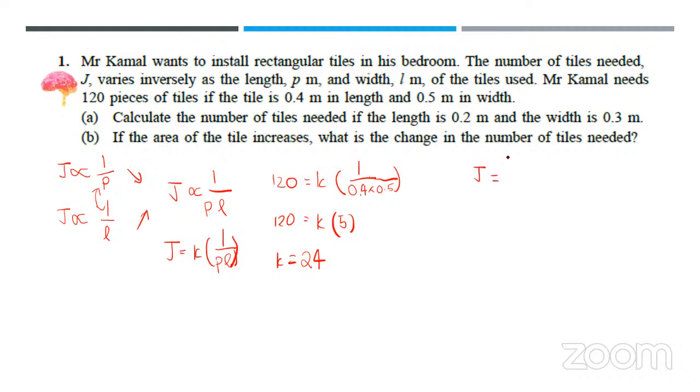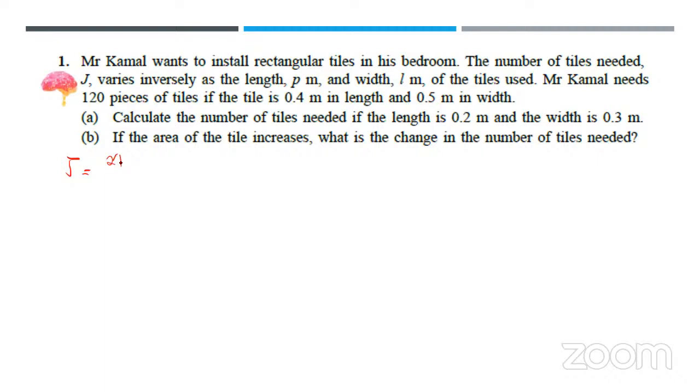So J is equal to 24 multiplied by 1 over PL. And let's just clear the board so we can rewrite that more cleanly. 24 over PL.